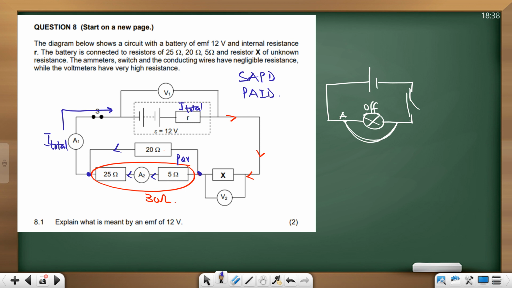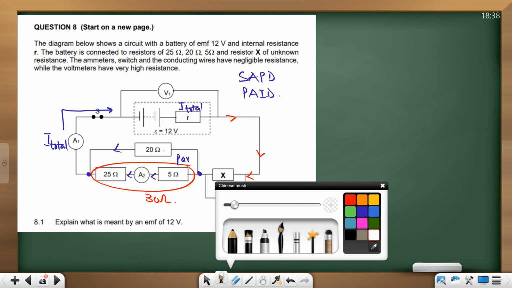All right, what is meant by an EMF of 12 volts? They are simply asking you to define EMF. How did you define EMF again? Maximum energy that the battery can supply.